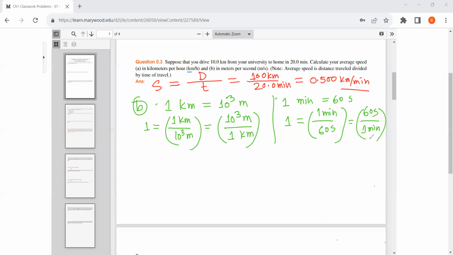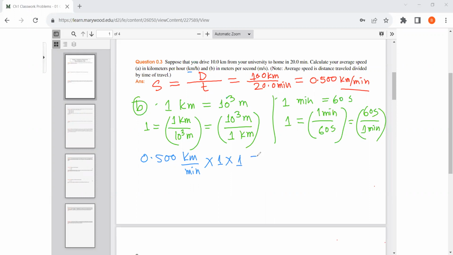Then 0.500 kilometer per minute. Here you see you have to convert kilometer and you have to convert minute. To convert kilometer you need one, and to convert minute you need another one.